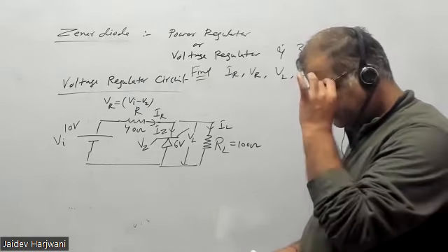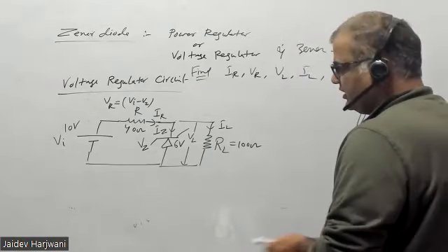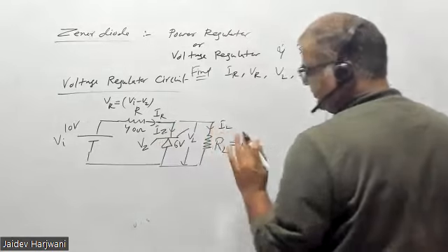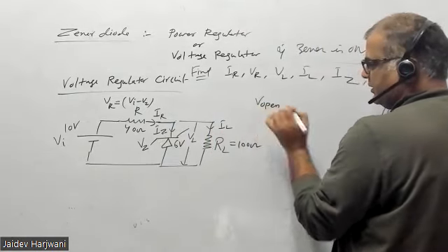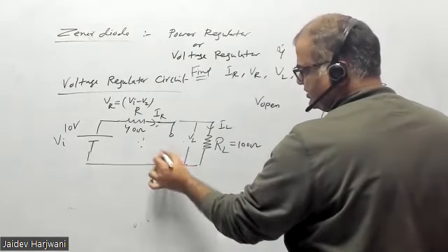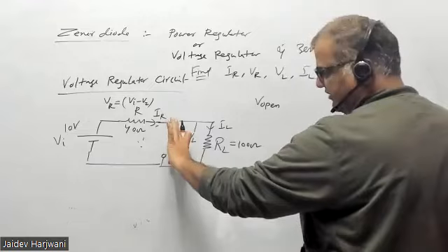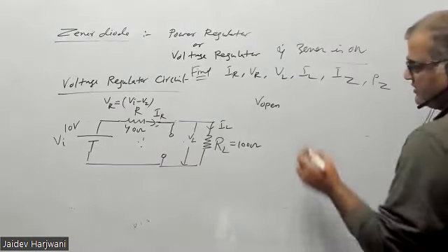First you have to check how much is the open circuit voltage. What is open circuit voltage? You make it open, remove this diode, and see whether enough voltage is coming or not. So V open is how much?